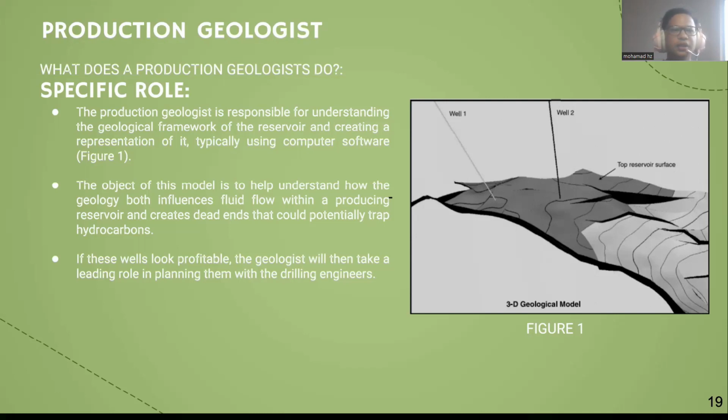The next role is that the objective of this model is to help people understand how the geology influences fluid flow within a producing reservoir and creates dead ends that potentially trap hydrocarbons. The last one is, if the well looks profitable, the geologists then take a leading role in planning with the drilling engineers to proceed with their plan.